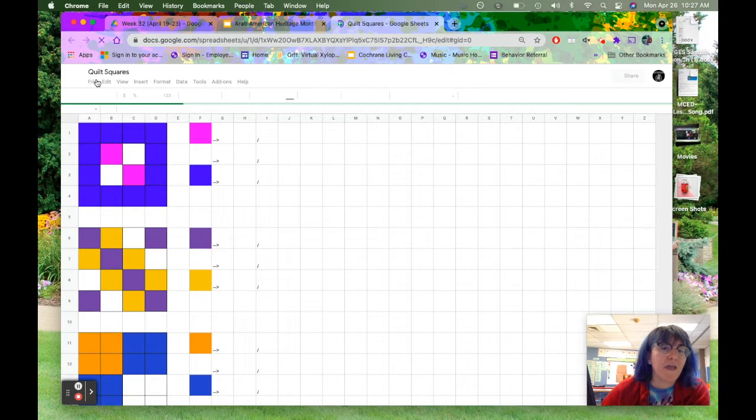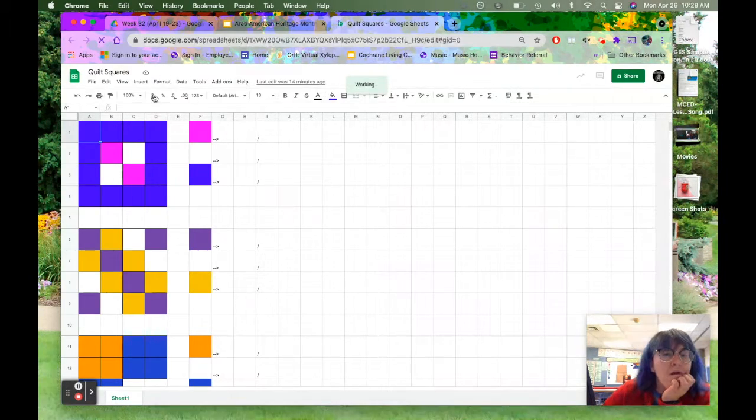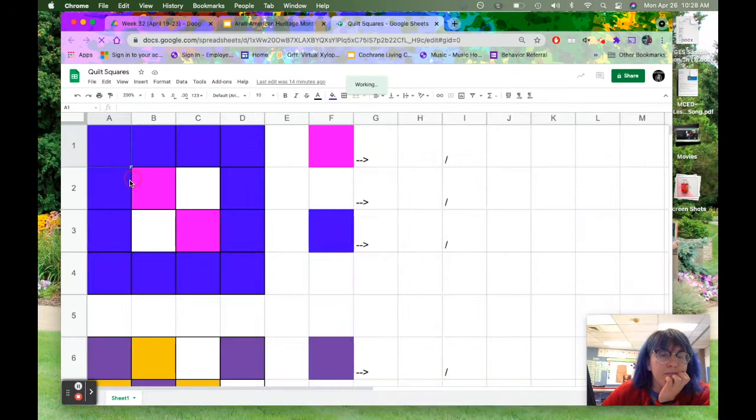Let me make it a little bit bigger. All right, so let's look at this quilt square first.